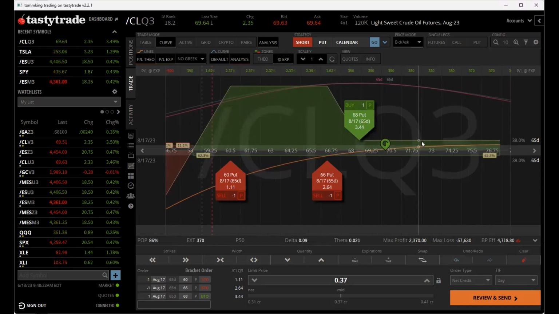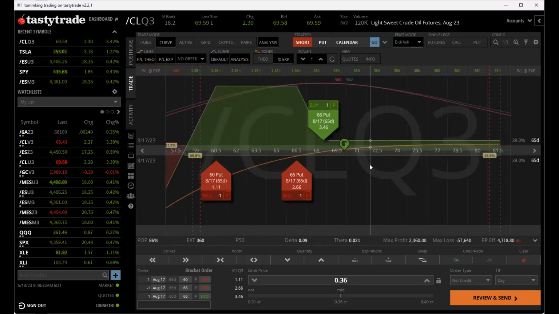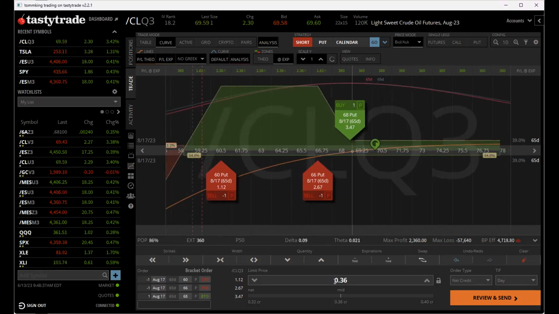So if we end up in the tail up here, $350 winner potentially on this trade, since I'm taking in 36 cents, 35 cents, 37 cents, something along those lines with the $1,000 multiplier that's on oil.